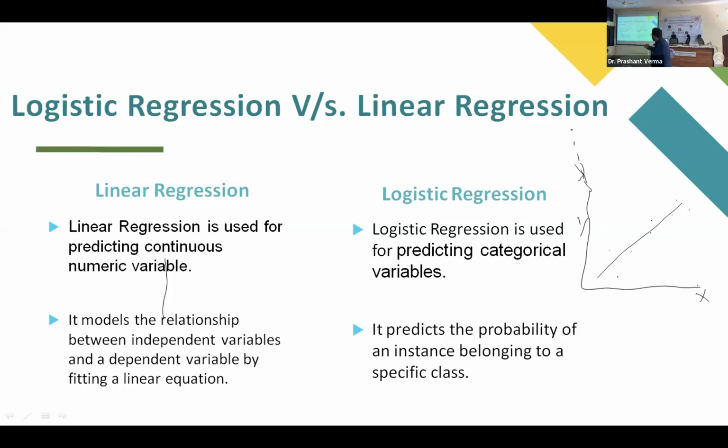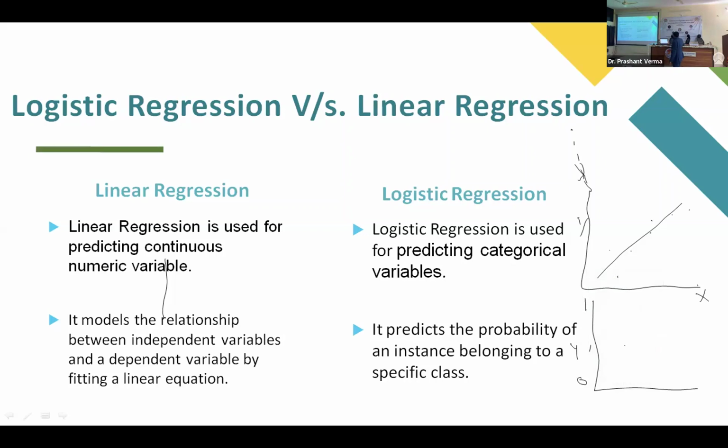But if you talk about the logistic regression, what will happen? The y in that case will have only two values for the binary problem. One is 0, and consider the other 1.